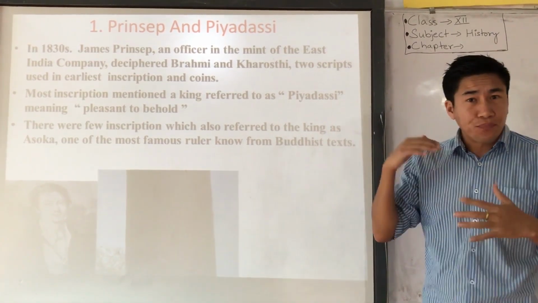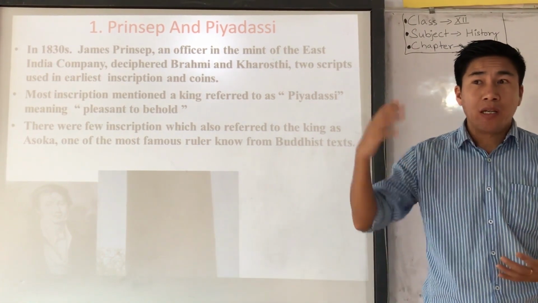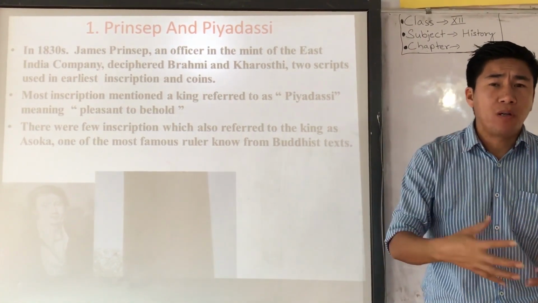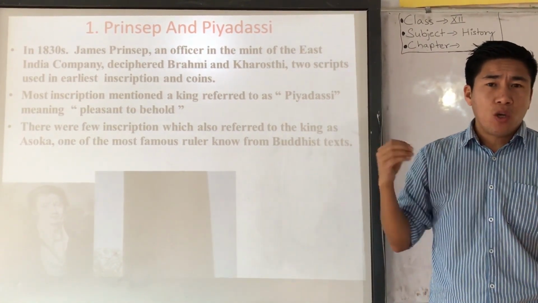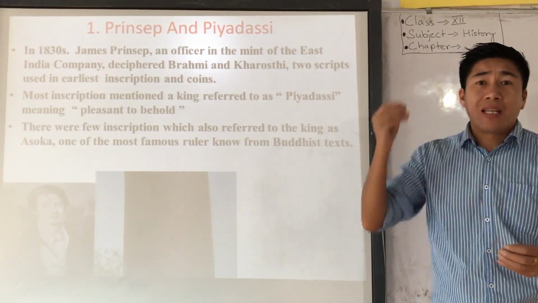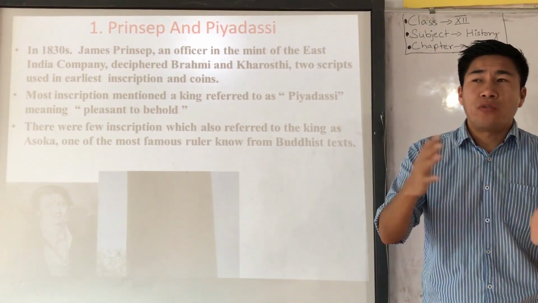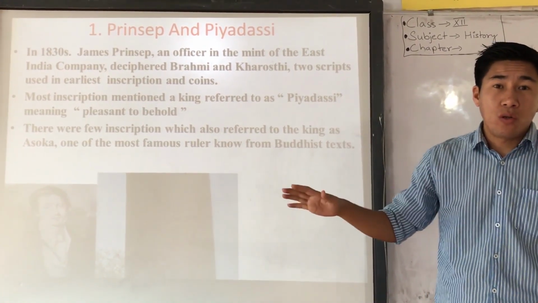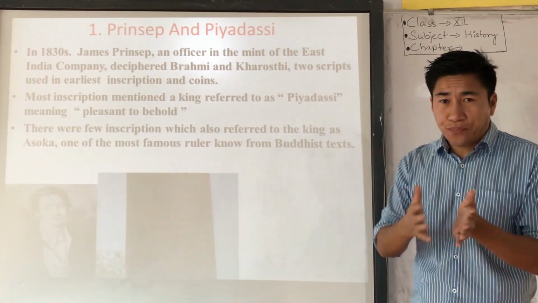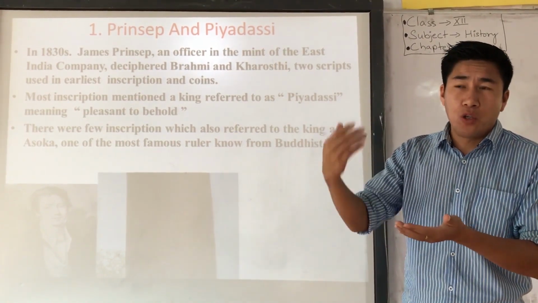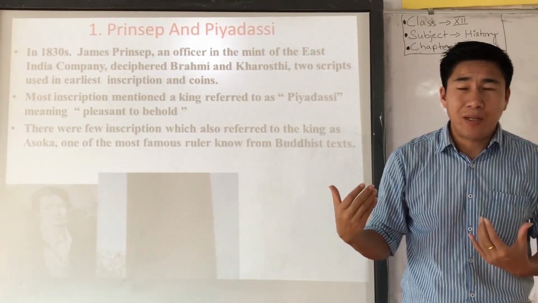So through that way, archaeology came to know that there was one very popular king in ancient India called Priya Dasi, Devanampiya, beloved of God, or Ashoka, free of sorrow, no problem, right? So these are the different names used to call Ashoka at the time.